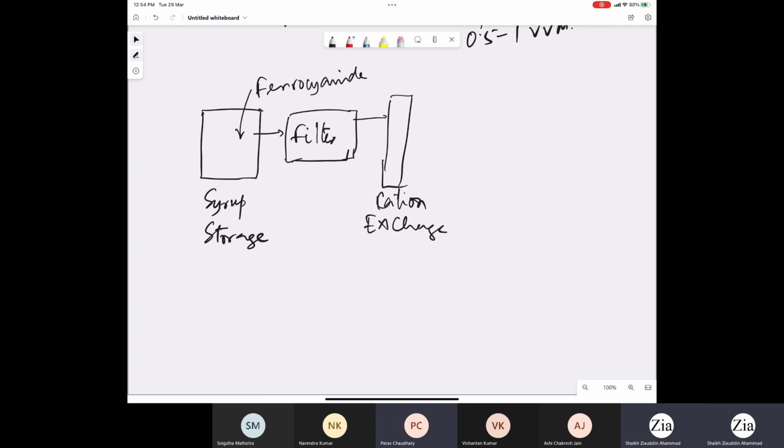And after cation exchange, you use heat exchanger, and then after heat exchanger, you have another filter to remove the precipitate, and there you can add some additives also, because depending on the requirement. So additive will also get filtered.